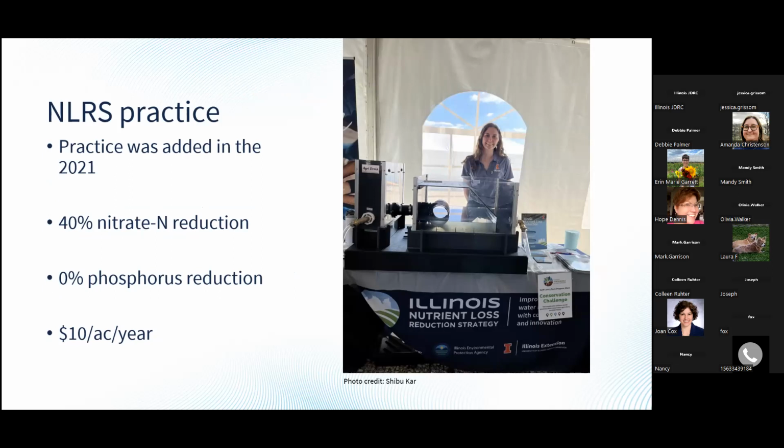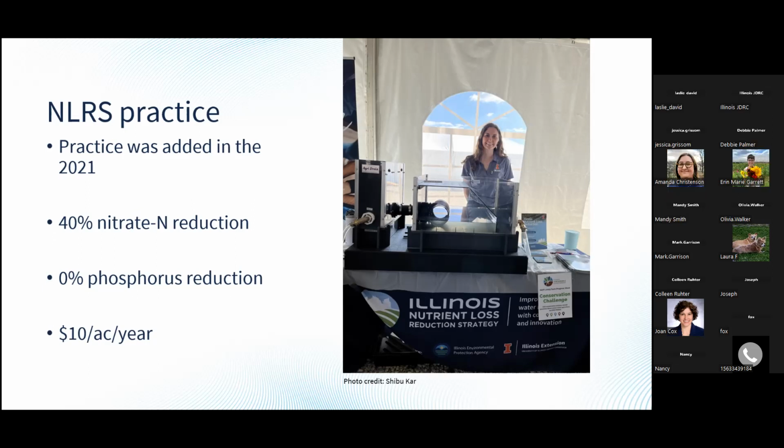There is no phosphorus reduction associated with saturated buffers. And then the estimated annual operation and maintenance cost is $10 per acre per year. And that factors in the installation cost, the expected practice life, and then the drainage area that is treated.